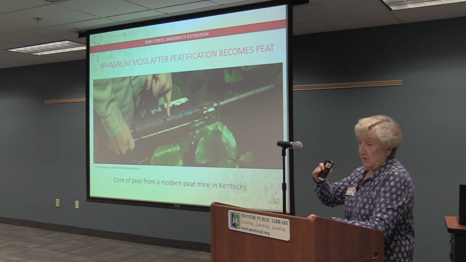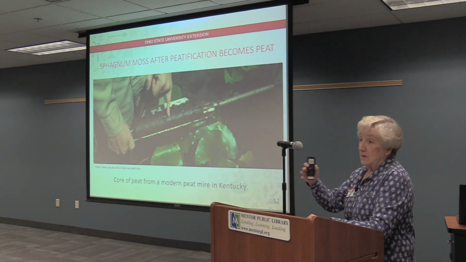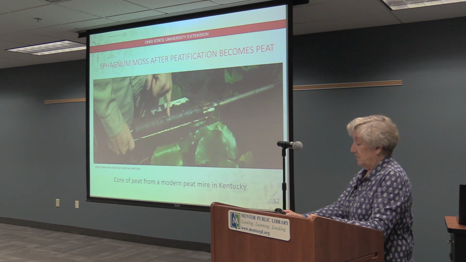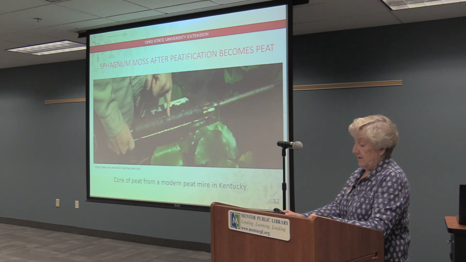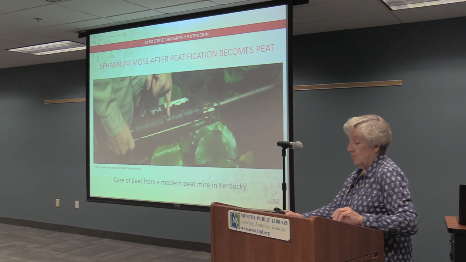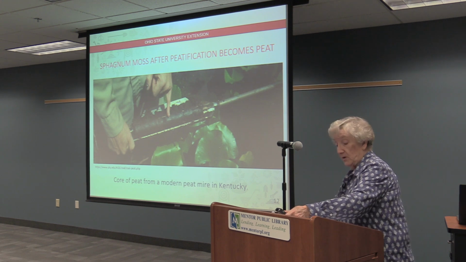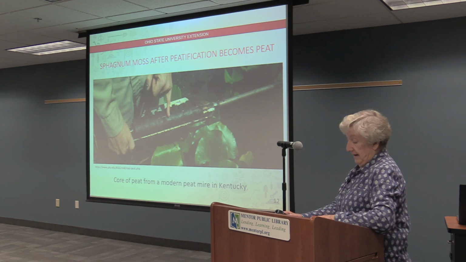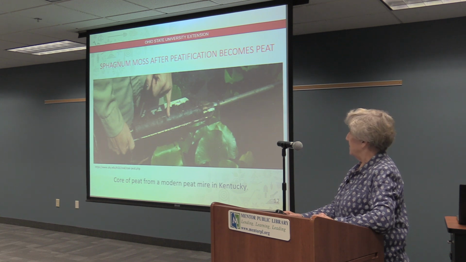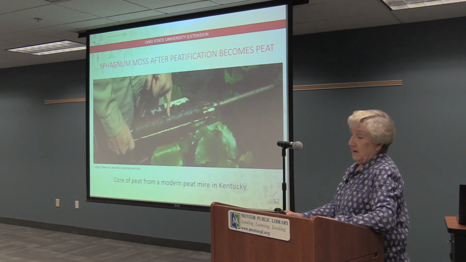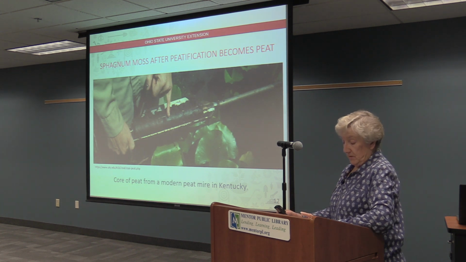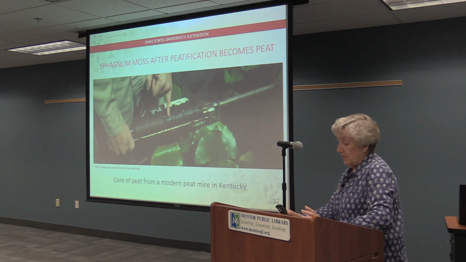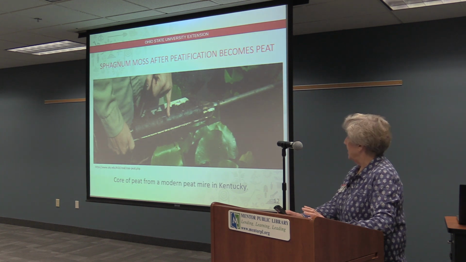So as the material goes down into the water, the air is cut off. The oxygen is not sufficient for the process to continue. As a result, the material begins to accumulate at a rate faster than the rate at which the bacterial decay can occur. And in this incomplete decomposition process, as it occurs year after year, the material builds up. The process of partial decomposition is called peatification.